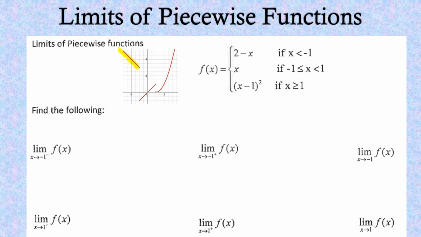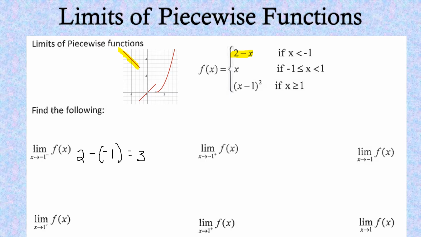But we could also determine that if we would simply evaluate this part of the expression, because it says x is less than negative 1, therefore that means it's coming in from the left on this piece of the function. So I would simply do a direct substitution into the problem, and I would get 2 minus negative 1 equals 3.